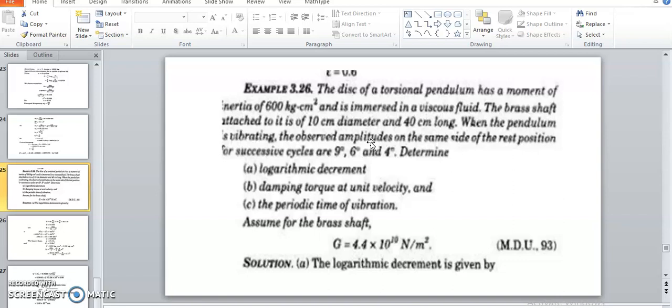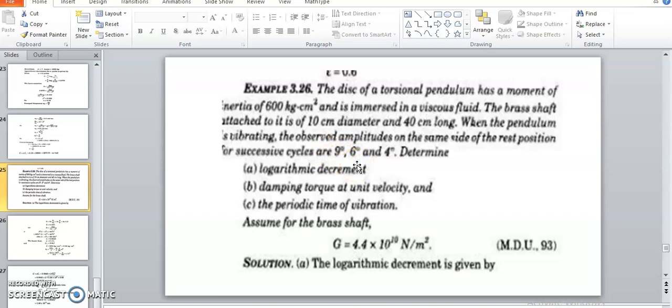I. So m is replaced by I in torsional vibration, and k, stiffness, is replaced by torsional stiffness kt. And x is now replaced by theta: instead of linear displacement there is angular displacement, theta.